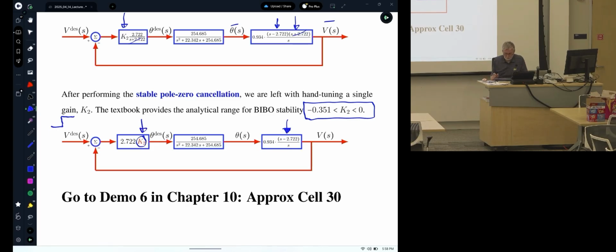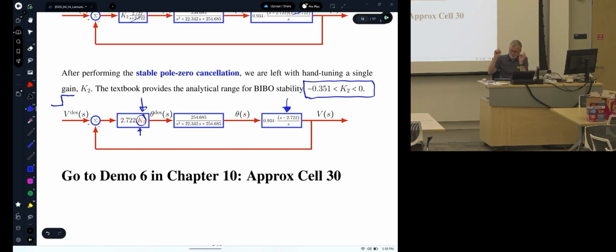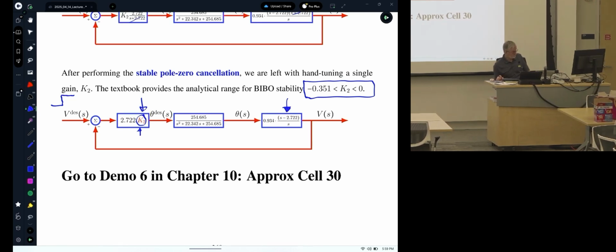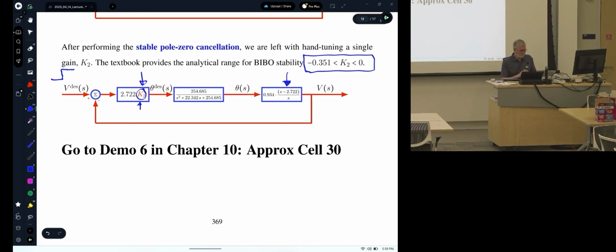Take EECS 460 for the details. So if on the ball bot, you're adjusting the gain at this point, and it's unstable for everything you do, flip the sign. You got it? Flip the sign. Okay, so let's do demo 6.